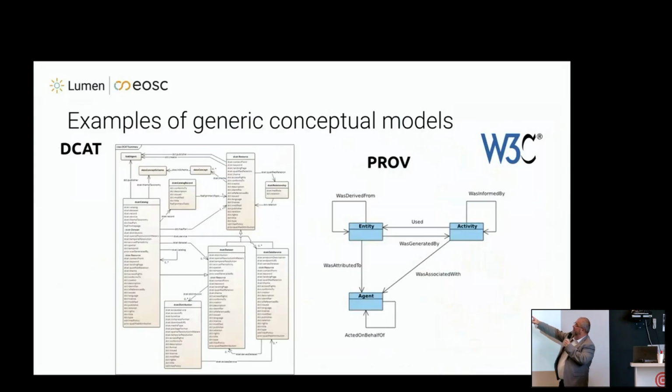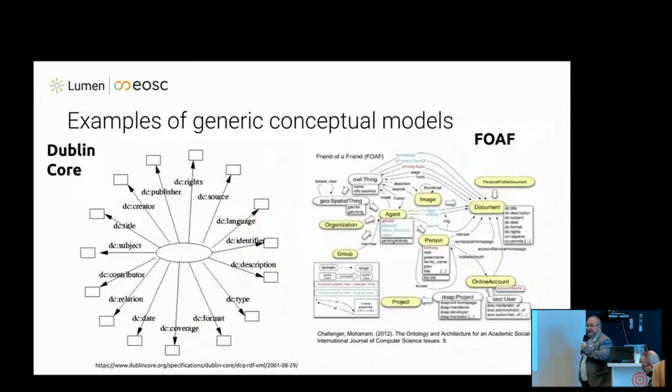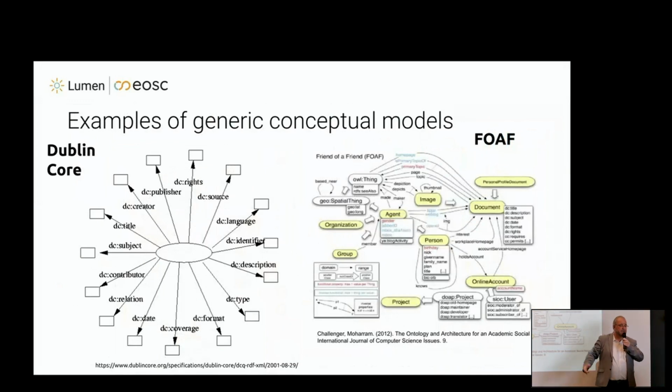You have another one, which is very interesting, PROV, which is a W3C standard as well, which allows you to model the provenance chain of things, where it's very simple, 3 classes, few relations, and then you can build an infinite chain of provenance. There are other ones that you may know already, coming from humanities, Dublin Core, for everything that is published.